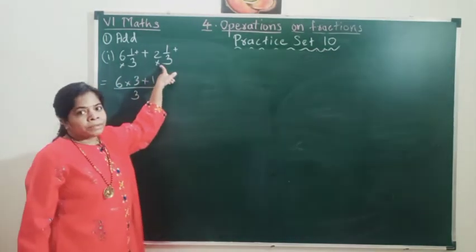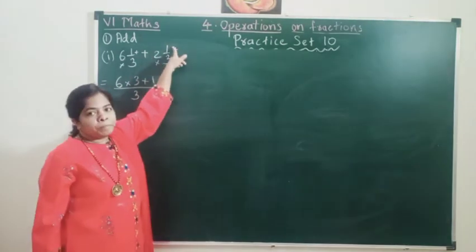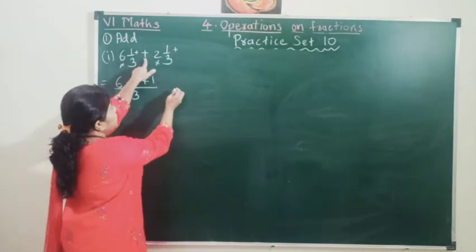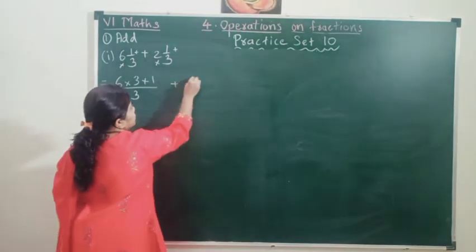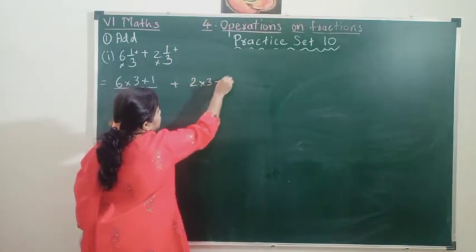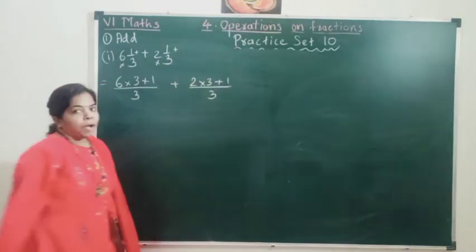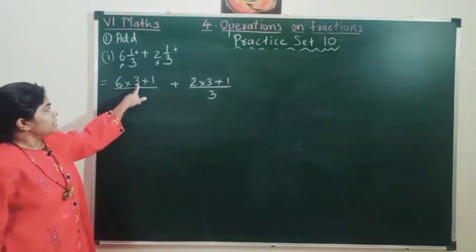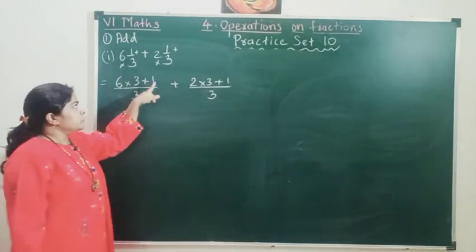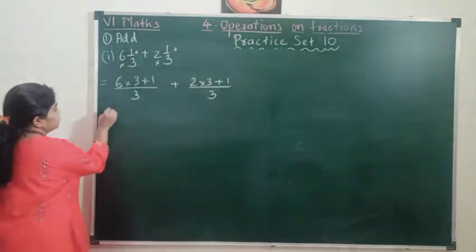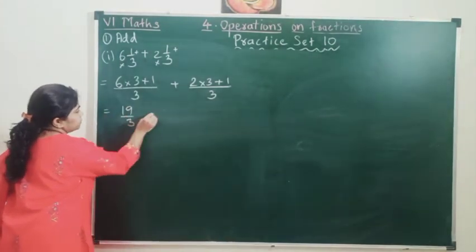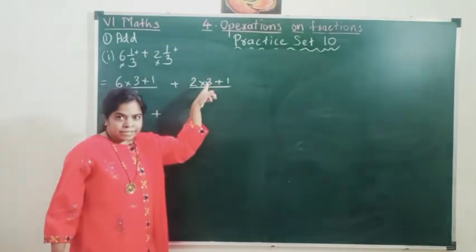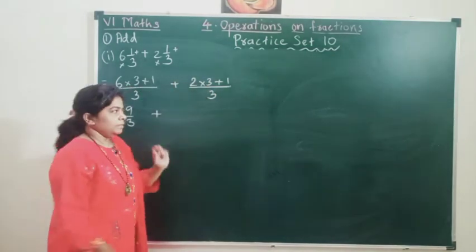And this one 2 into 3 plus 1. Plus sign here. Upon 3. 6 3s are 18 plus 1 19. 2 3s are 6 plus 1 7.